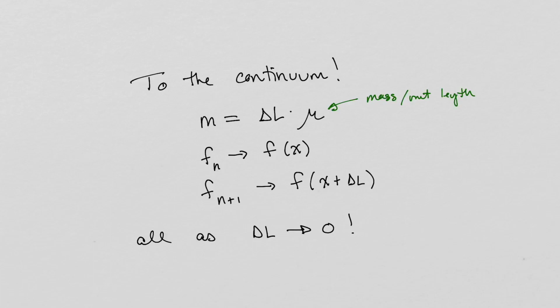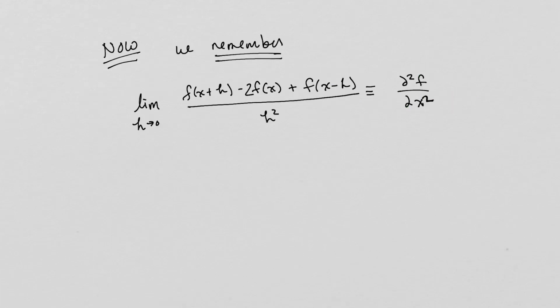I'm going to replace all of my individual pieces of information, f sub n, with a complete function, which we're going to call f. And of course, all of this happens in the limit as delta L goes to 0. So if I now plug this in, and I just recopied my definition of the second derivative from before, I'm going to rewrite my equations of motion.